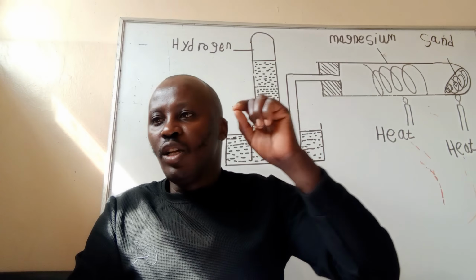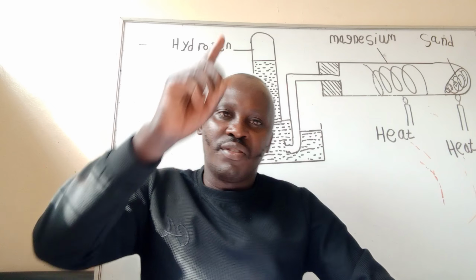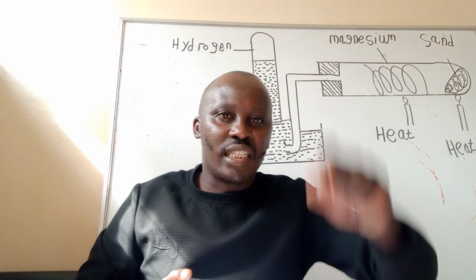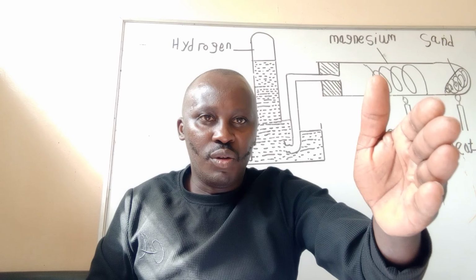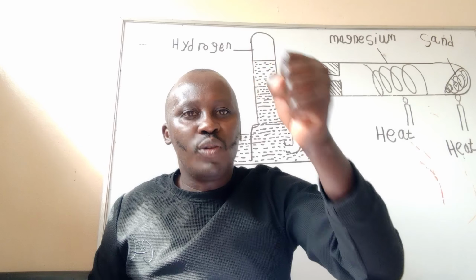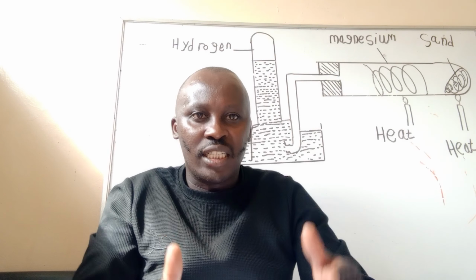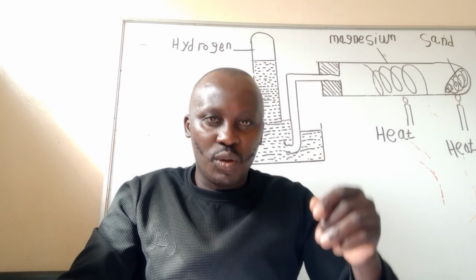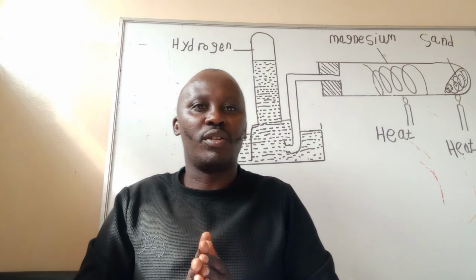So the first reason why we heat the wet cotton wool or the wet glass wool first is to drive out the air that was initially in the test tube, which might have reacted with the magnesium vapor.